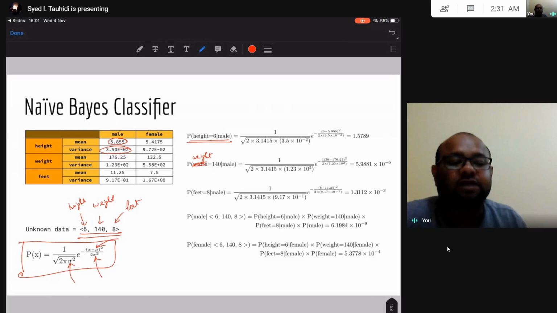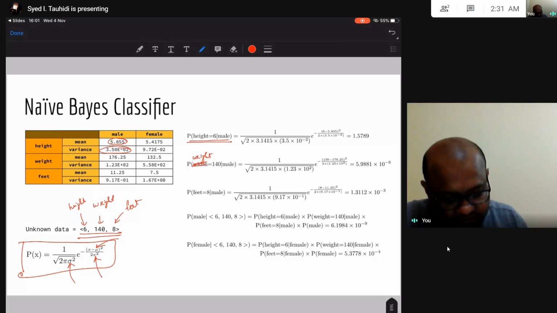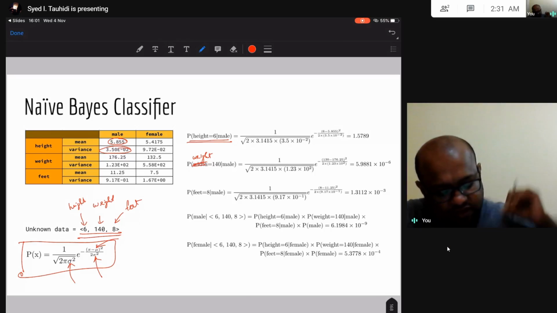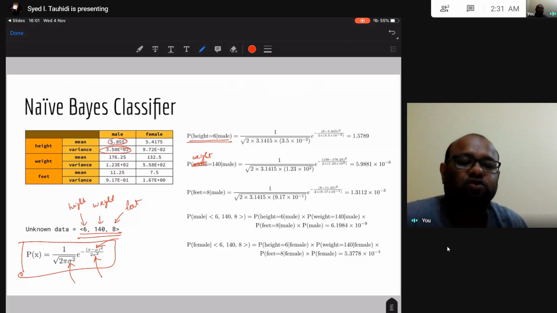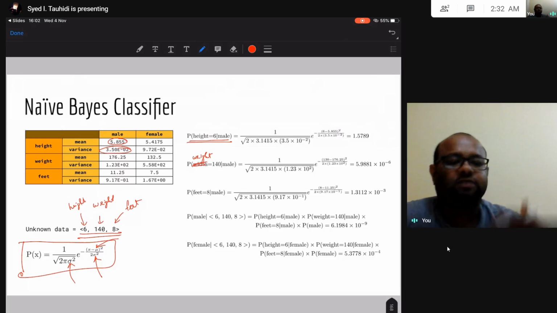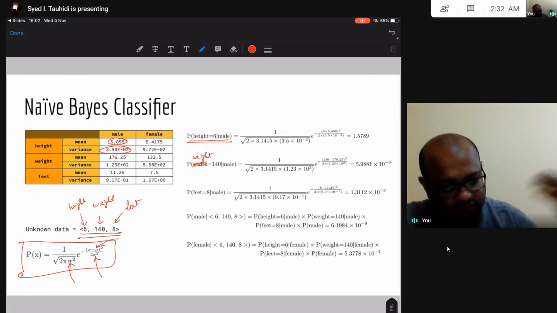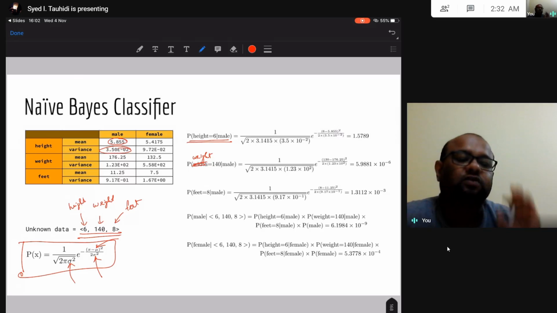Variance is sigma square, and sigma is standard deviation, so don't take the variance squared, because that would be standard deviation to the power 4. If you have calculated standard deviation, take its square. If you have calculated variance, simply put the variance. Sigma square is variance, not standard deviation.